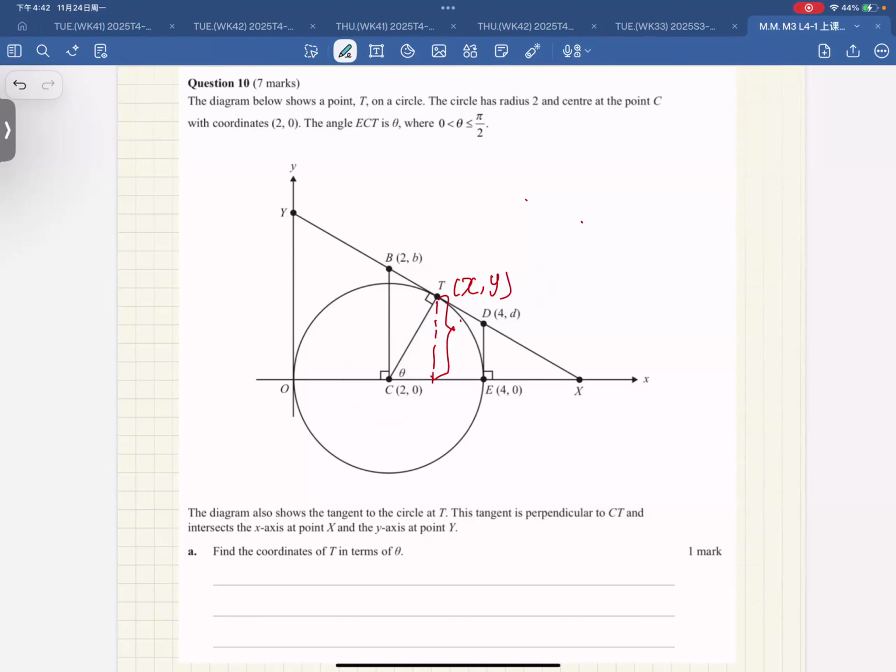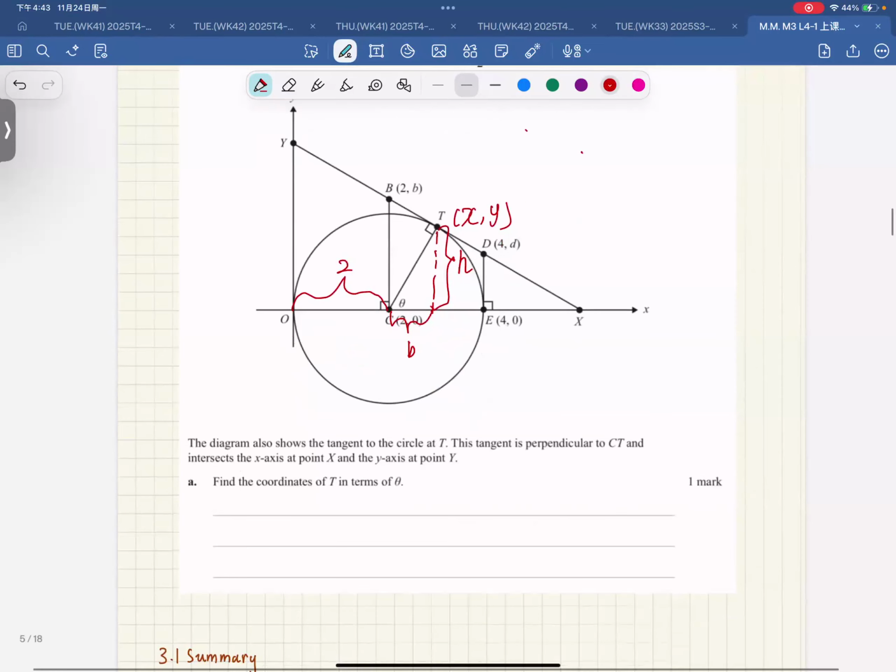Let's say this is h. We want to find this. This is 2, right? We already know this is 2. We need to find out this part. Let's say this part is b. So how to find it?